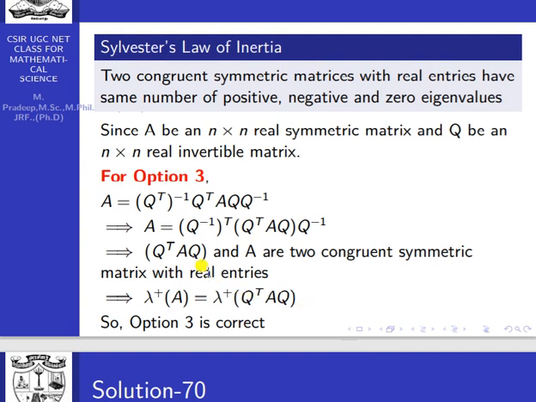Q transpose AQ and A are two congruent symmetric matrices with real entries, because this is of the form P transpose B P equal to A. From this, A and B are congruent symmetric matrices.